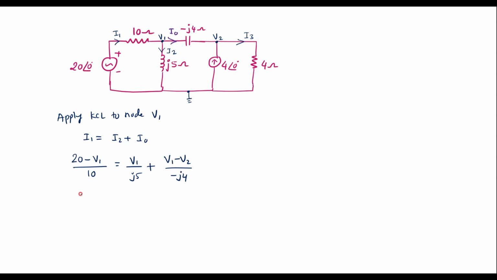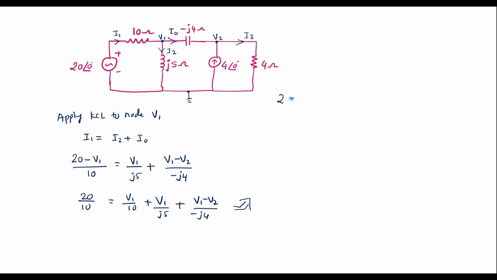So let me simplify this. That is 20 by 10 is equal to, I'll send minus V1 by 10 to the RHS, so it will be plus V1 by 10, plus V1 by j5, plus (V1 minus V2) divided by minus j4. So let me continue here.